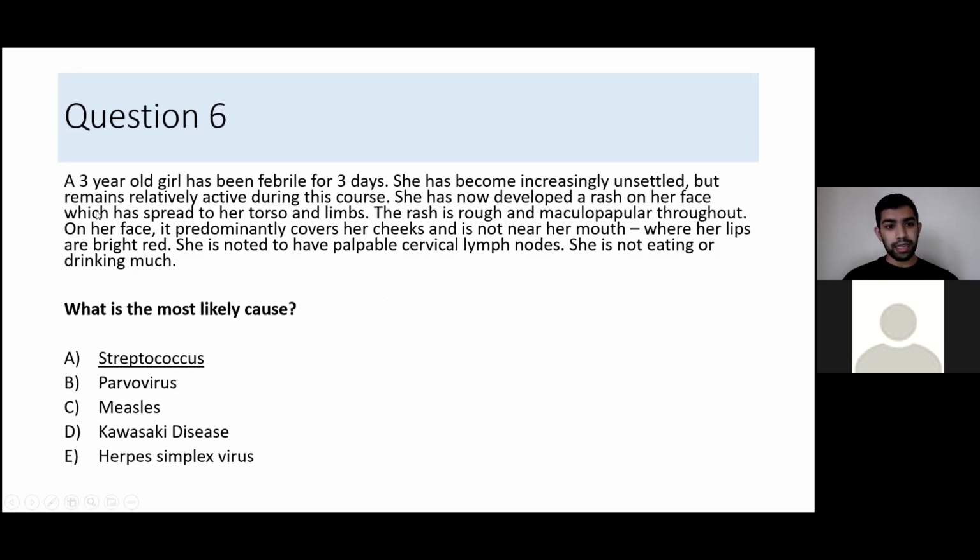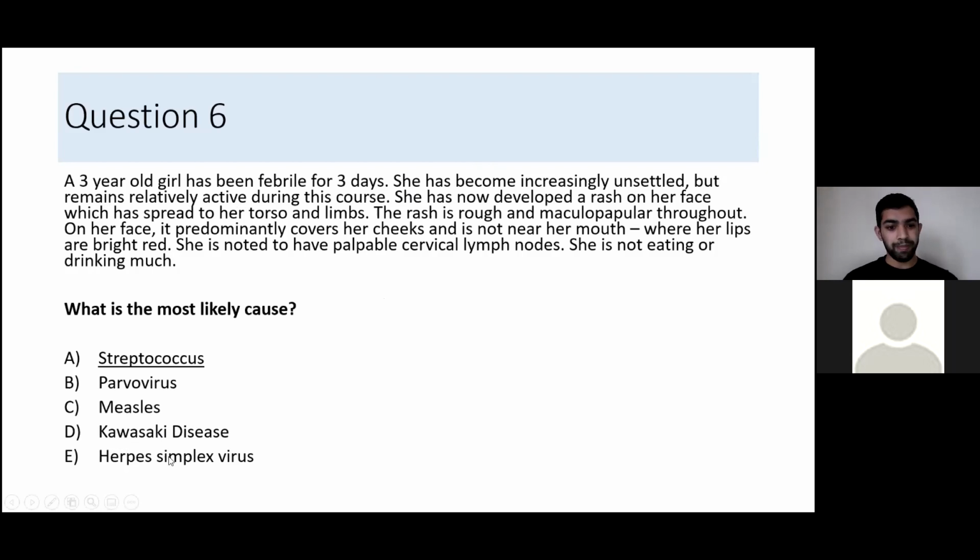So the fact that the child is relatively active is a very positive sign. And typically, if ever you posit a differential of Kawasaki disease to pediatricians, all they often do is take a quick look at the child. If the child is sitting up and playing, you'll often be told that they're a bit too well for Kawasaki disease.